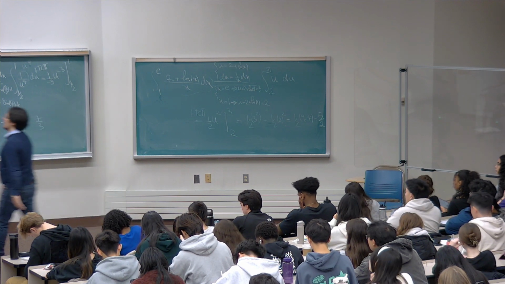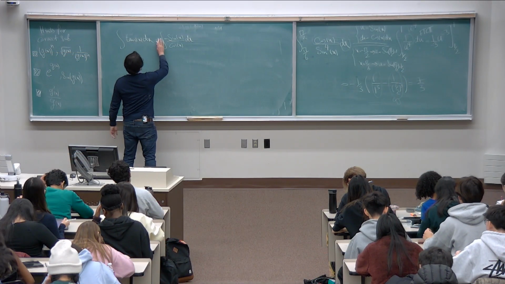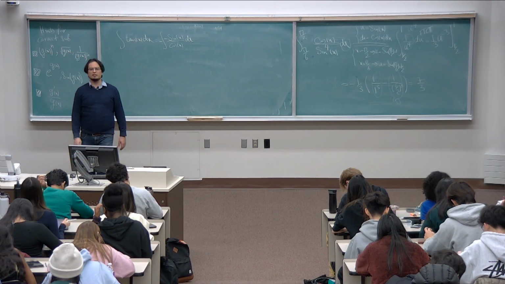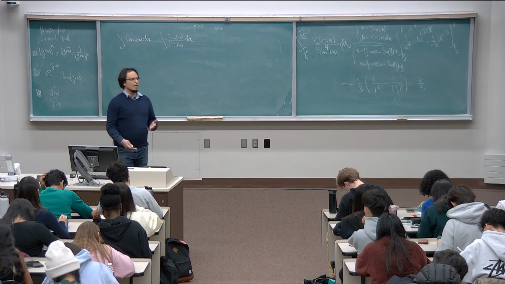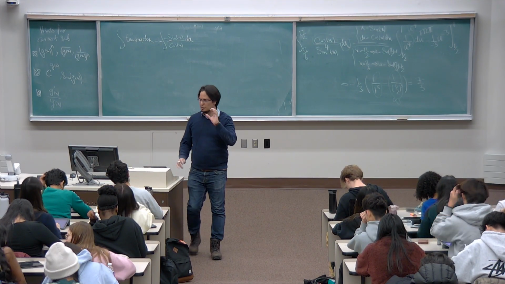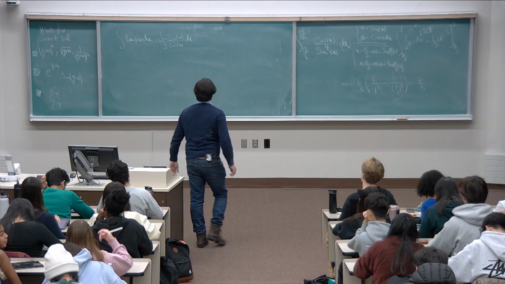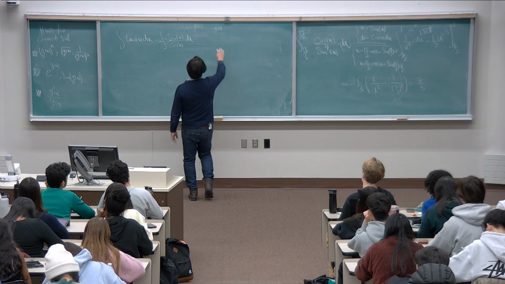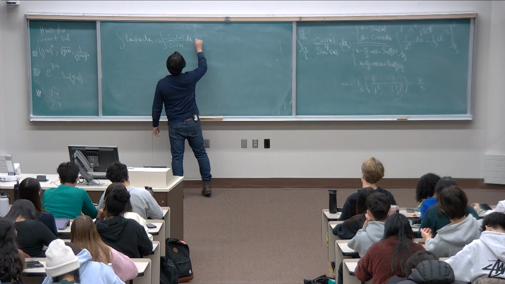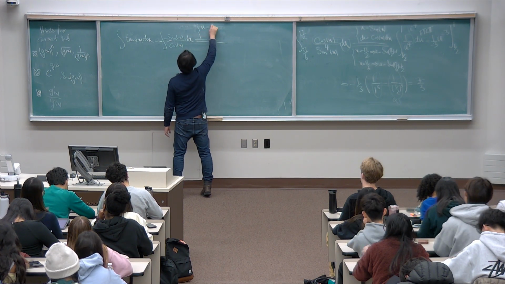But we know that I can always fix that by multiplying the numerator by a negative sign and the whole integral by a negative sign. Now, what I see is that the derivative of the denominator is in the numerator. And that means I can take u to be the denominator.